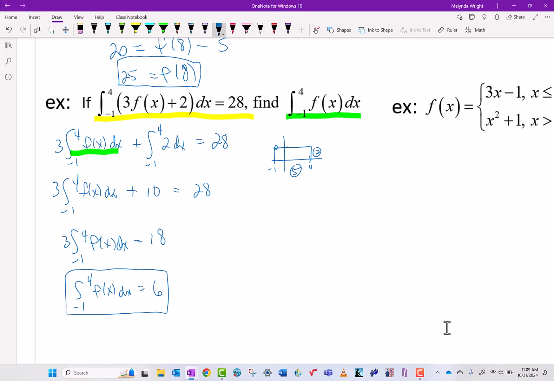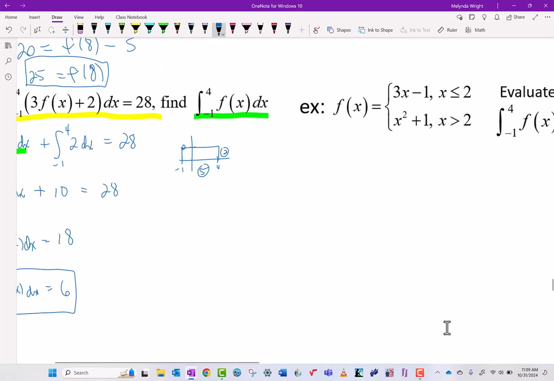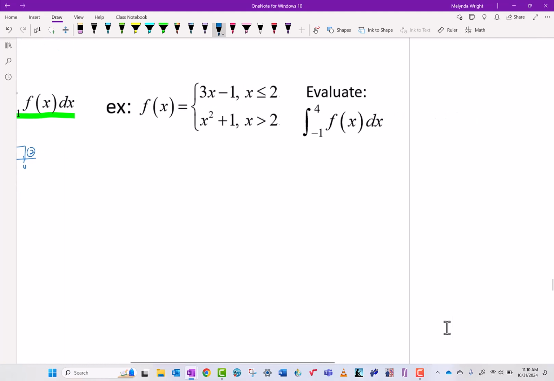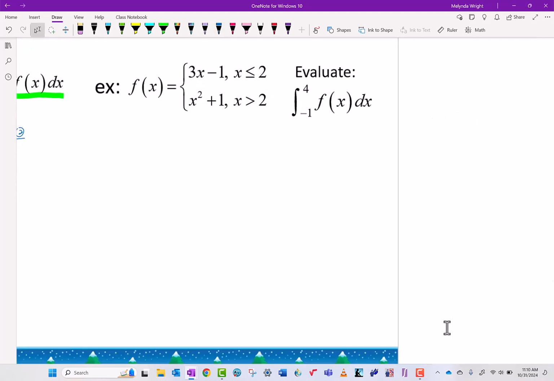All right, one more. We're going to do the fundamental theorem looking at a piecewise function. Notice that we want from negative 1 to 4, and that spans both pieces. So we're going to have to split this integral in two because of the way the piecewise function is written. So let's start with the negative 1.